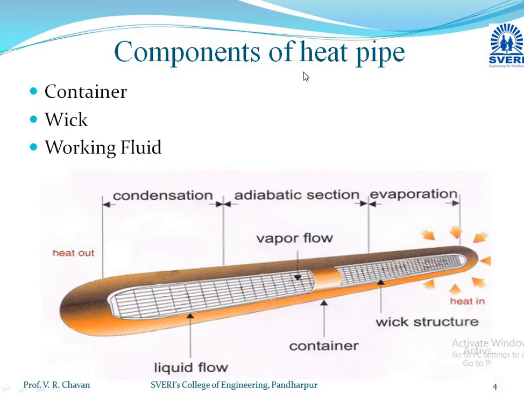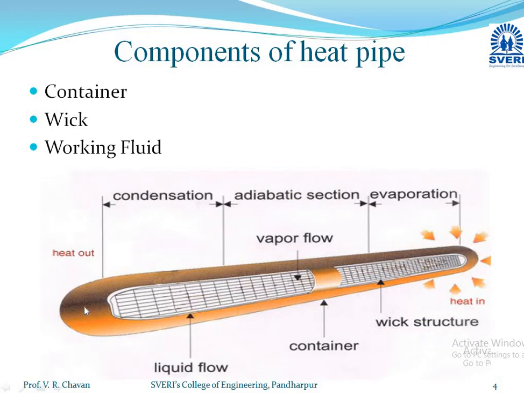The main components of this heat pipe are, first, the container or envelope, second, the wick or porous structure, and third, the working fluid. This heat exchanger is divided into three parts: the evaporator section, the adiabatic section, and the condenser section.